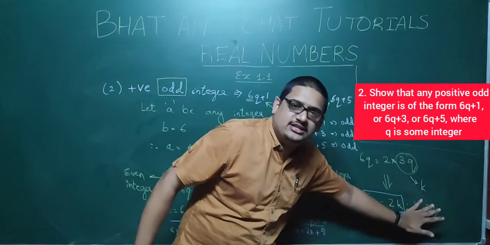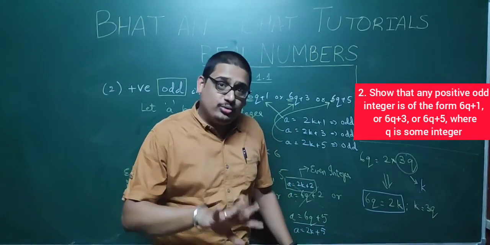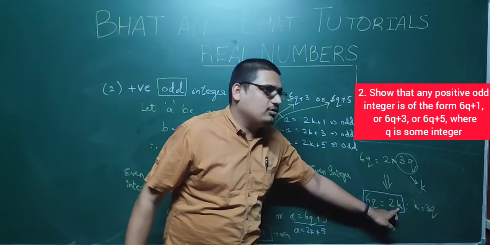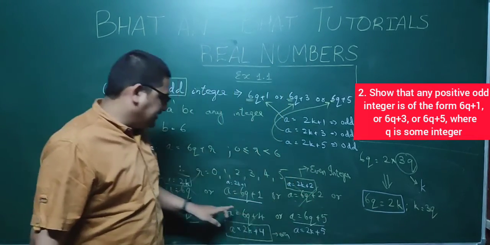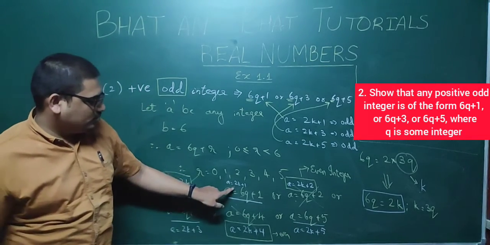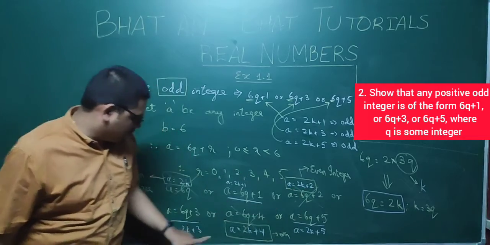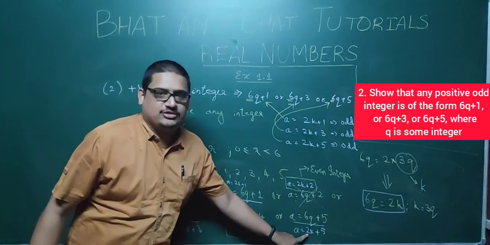So I have not changed any mathematical expression. It remains the same. How do you verify? You substitute k is equal to 3q, you will get back the LHS. So I did the substitution and I got a is equal to 2k, a is equal to 2k plus 1, a is equal to 2k plus 2, a is equal to 2k plus 3, a is equal to 2k plus 4, a is equal to 2k plus 5.